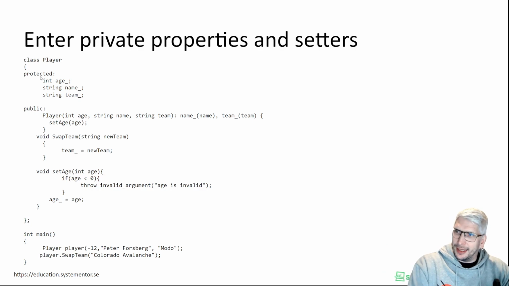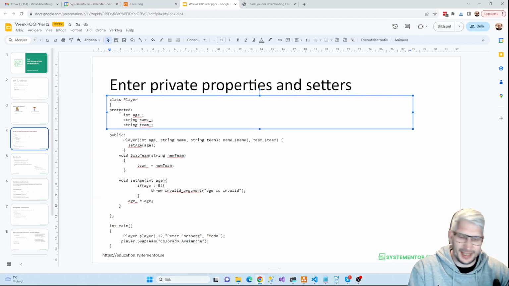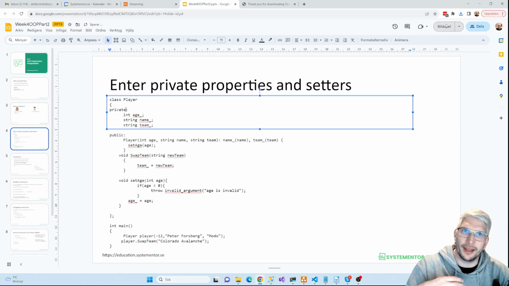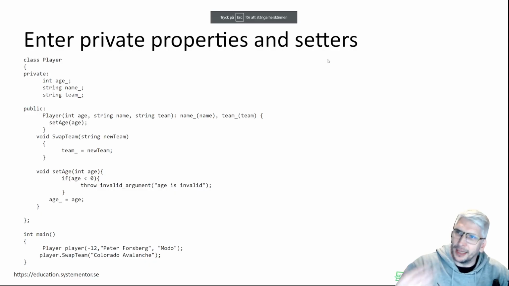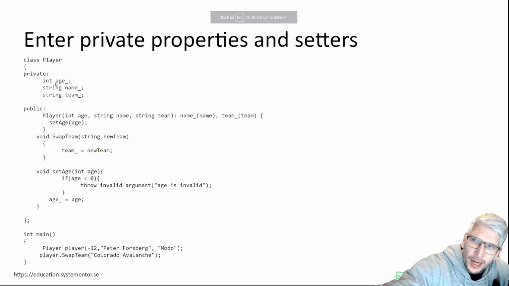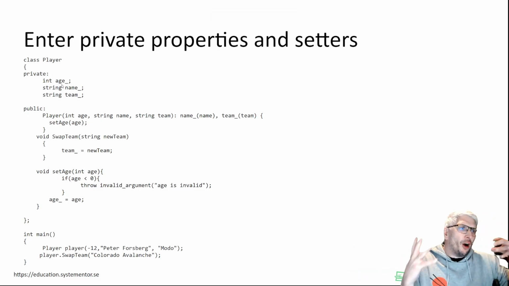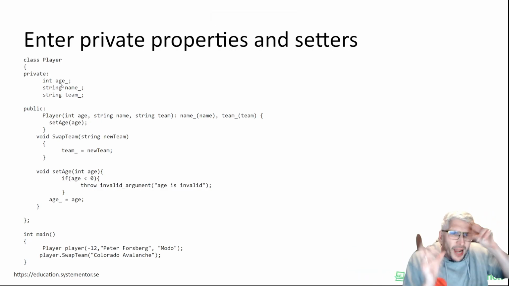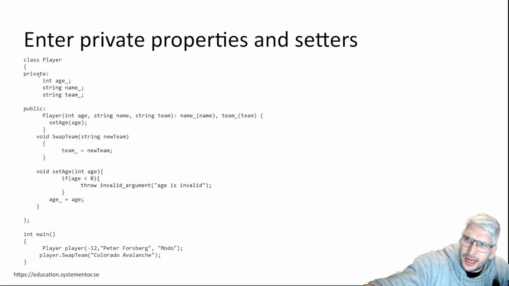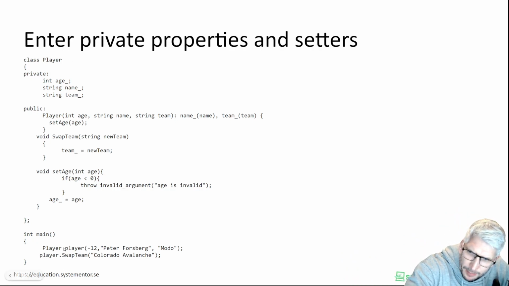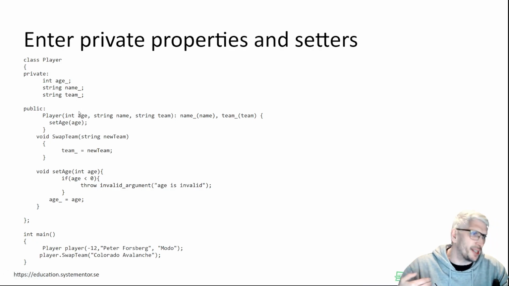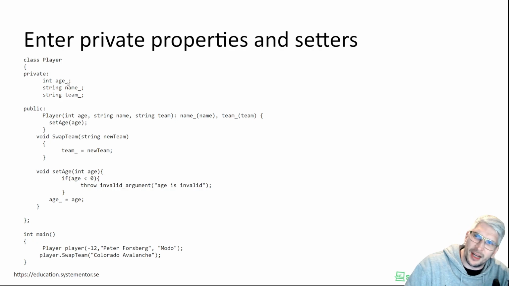Let me fix it. This makes more sense, I think. So we have private variables, and we are not able to access these variables from the outside, so we can't type player.h. And as you can see here, we use some kind of weird postfix.